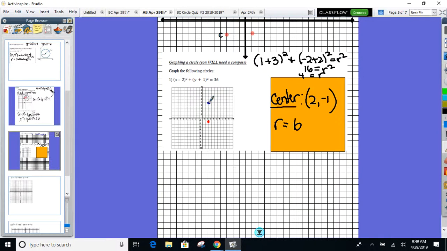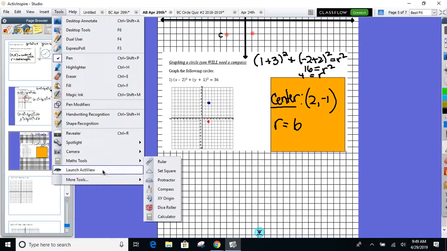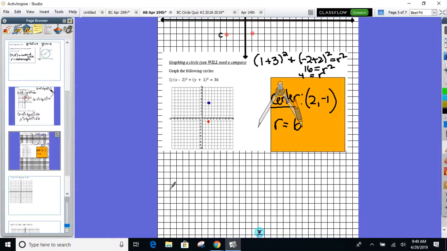And then, yes, you take your compass, put your compass point on the center, pencil point on the point on the circle. And what you guys wanted probably to do all year long, go ahead and swing a full circle.